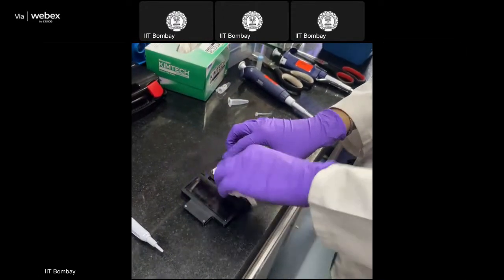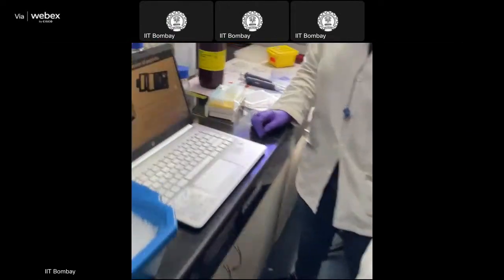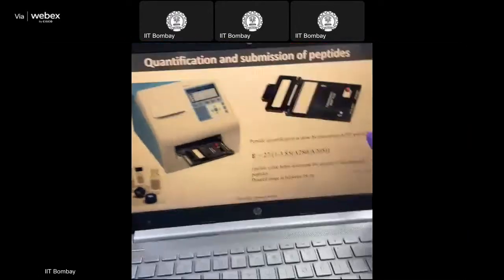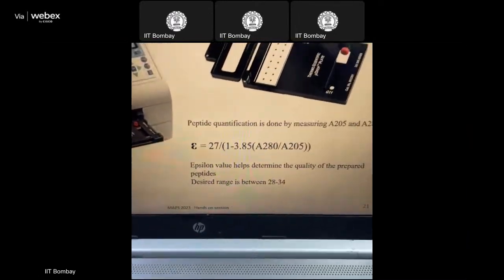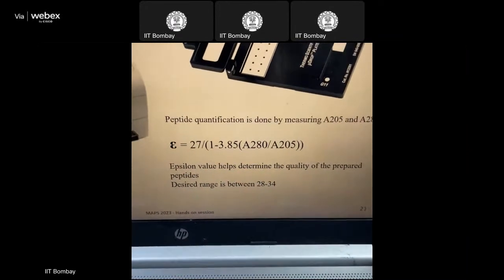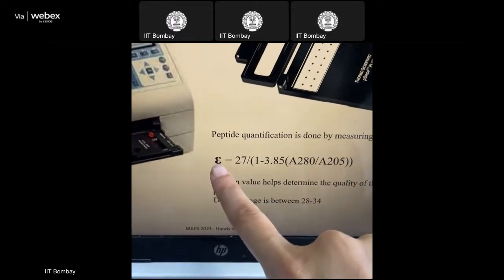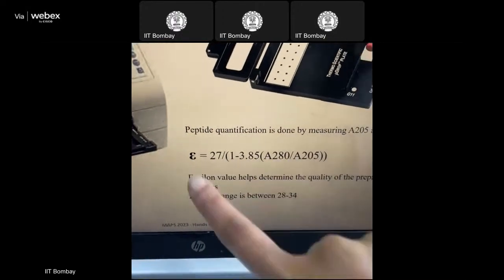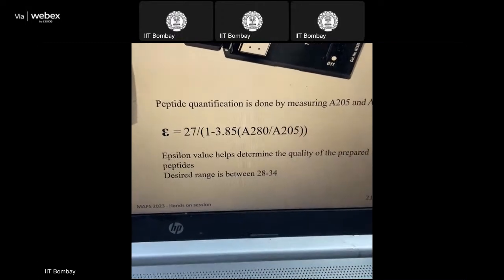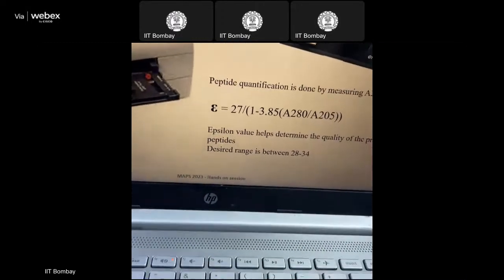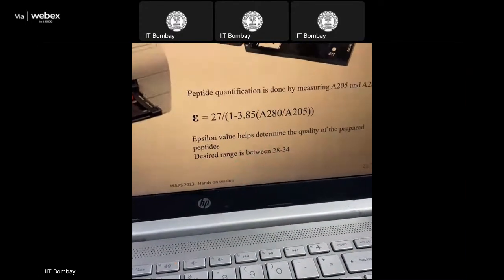The readings that we have got, we have taken the 205 and 280 readings, and using the Beer-Lambert law we get how much concentration is there. There is one particular constant that we get, epsilon, which is based on a formula where we take both the 280 and 205 values, and based on that we see how good the quality of the peptide is.